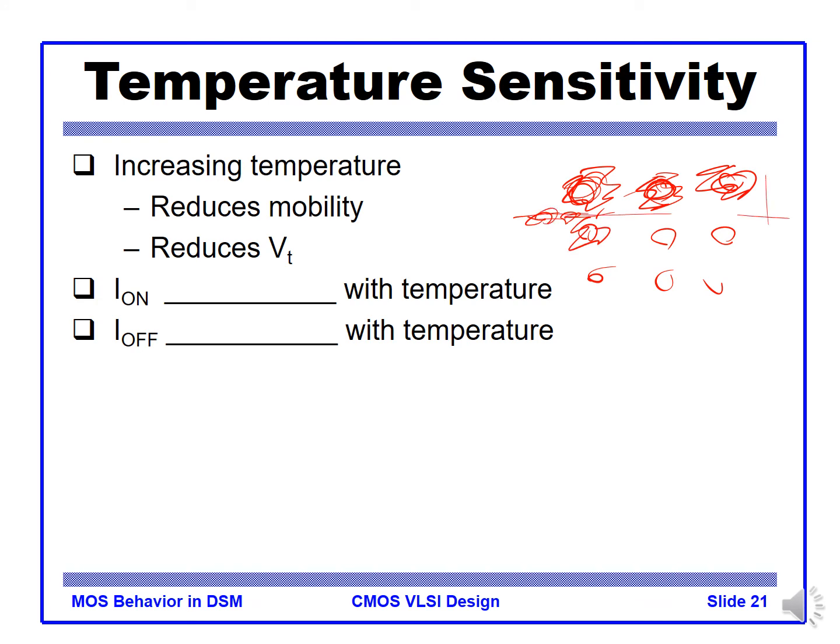That will reduce the mobility and increase some resistance. So that effectively reduces it, but even though the mobility is reduced, it reduces the VTH.